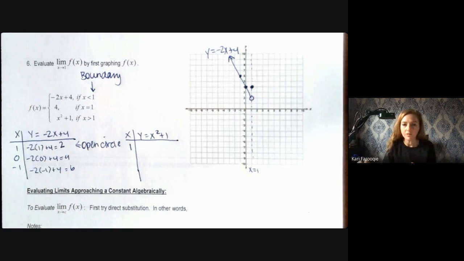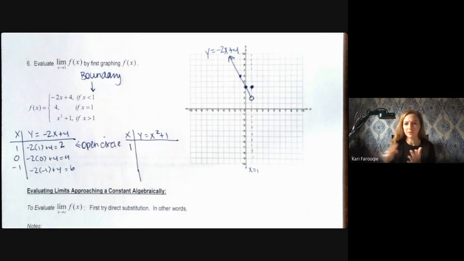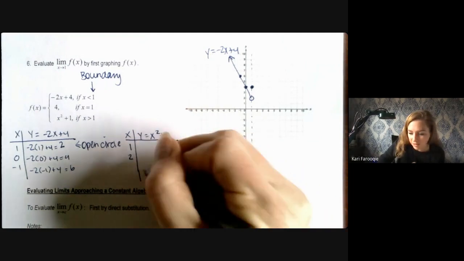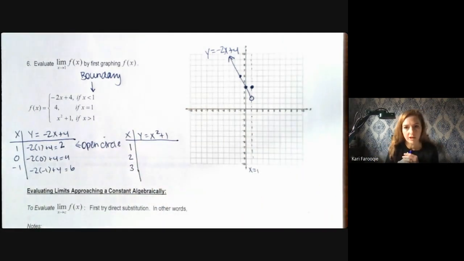But when we're squaring values, mostly we just want to make sure they don't get too large really quickly. So don't pick anything like 10 because 10 squared is 100 and we don't want to have to graph 101. That would be way out here. We don't want to have to deal with that. So maybe we'll choose 1 and 2, and then 3 we should be able to fit because 3 squared plus 1 is 10. So we can fit that one for sure.